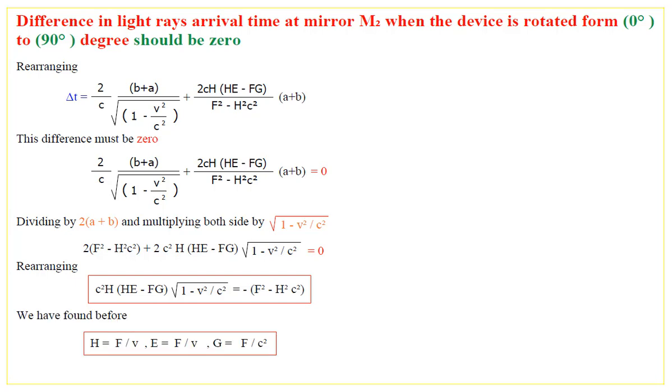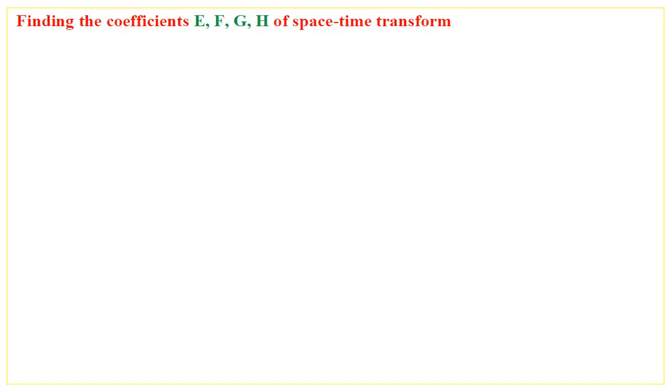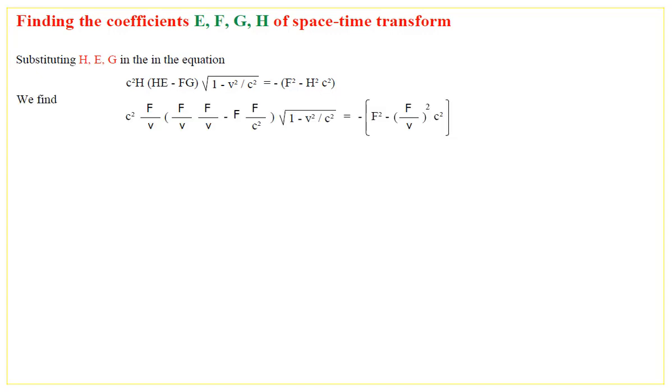We have found before the equations for the coefficients h, e, and g. Finding the coefficients e, f, g, and h of the spacetime transform. Substituting h, e, and g in the equation, we find, rearranging.